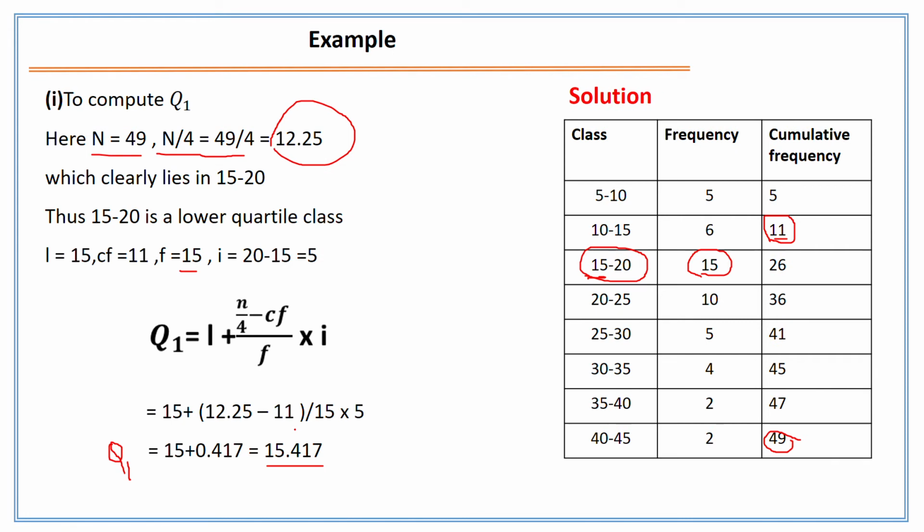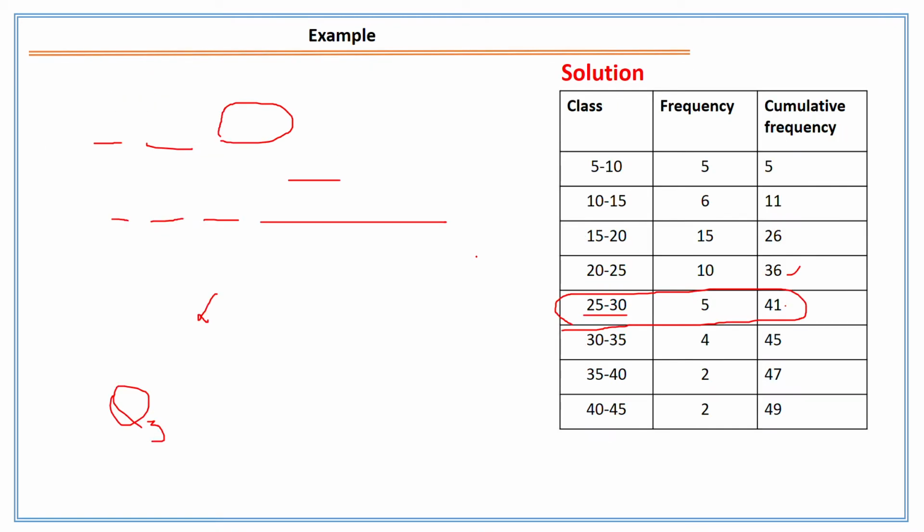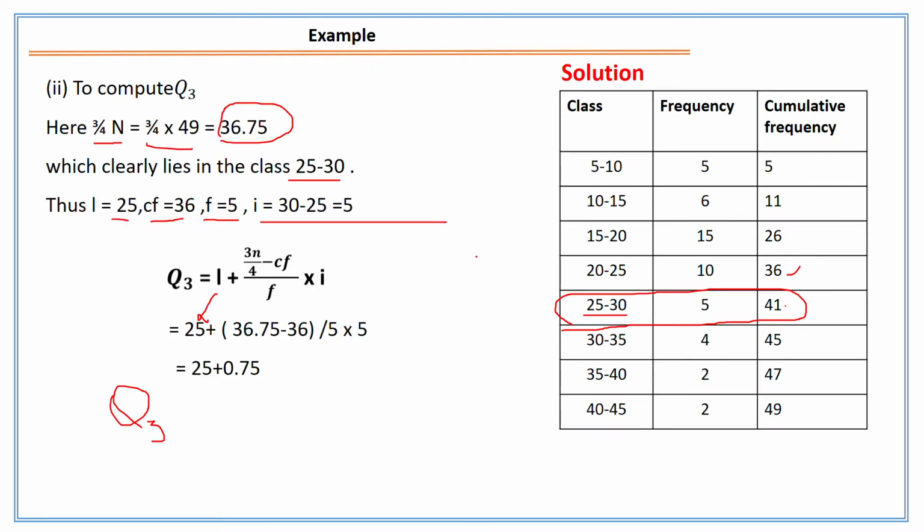Our quartile 1 was 15.417, which means that in this data series 25% of the data is less than 15.417 and 75% is more than that. And Q3 is 25.75, which says that 75% of the data is less than 25.75 and 25% is more than this.